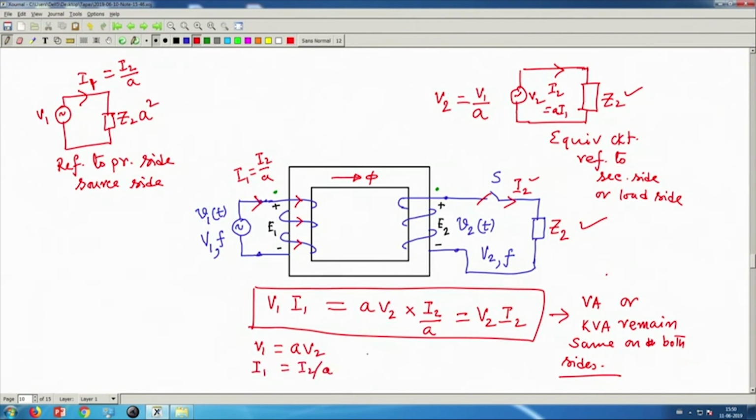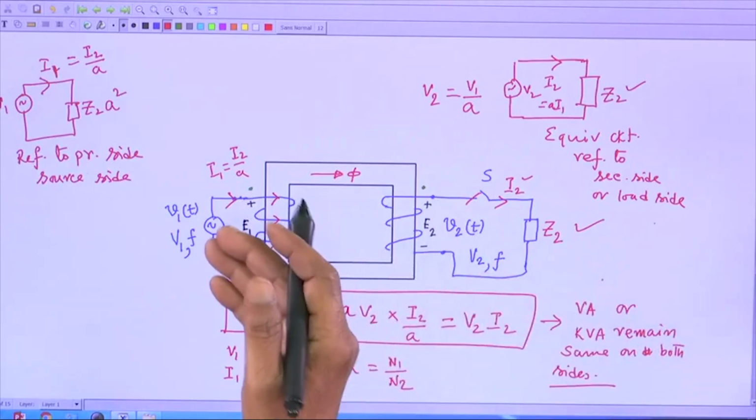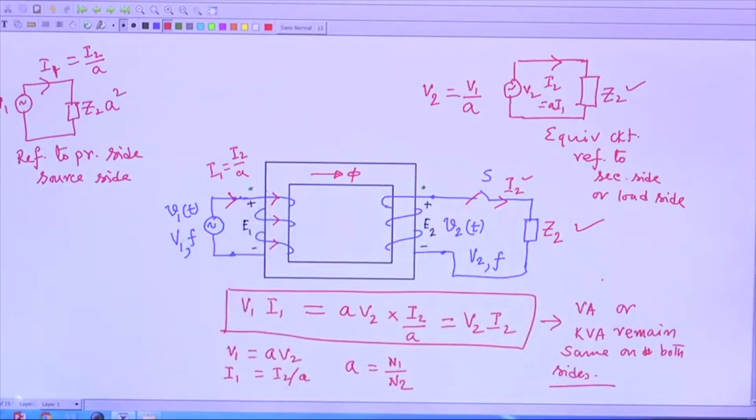Do not forget, A is N 1 by N 2. What is N 1? Number of turns on the source side, and N 2 the number of turns on the load side. So, kVA of the transformer remains the same, and currents and voltages on both sides are related like this. Because these relations exist, the impedance you have connected across the secondary appears somewhat differently on the primary side.